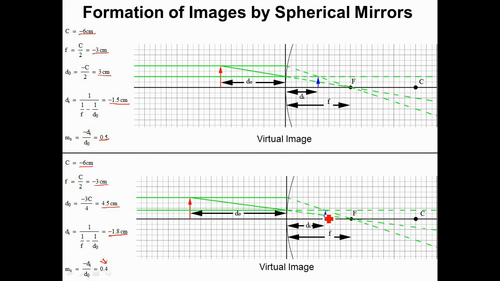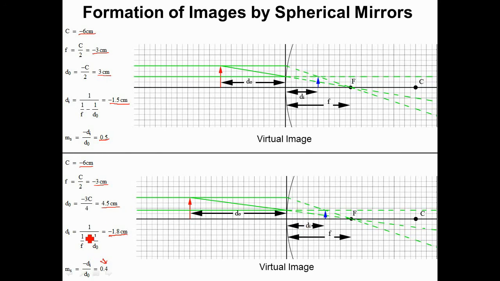So it appears that my image keeps moving closer to the focal point as my object moves further away from the convex lens. The question is, can the image go any further than the focal point?